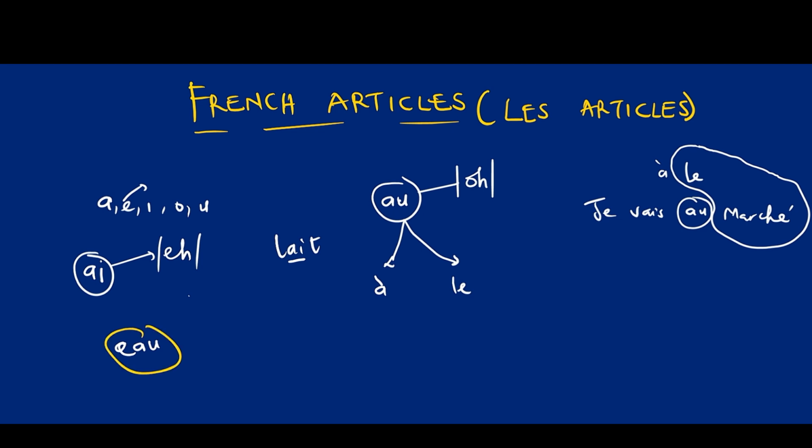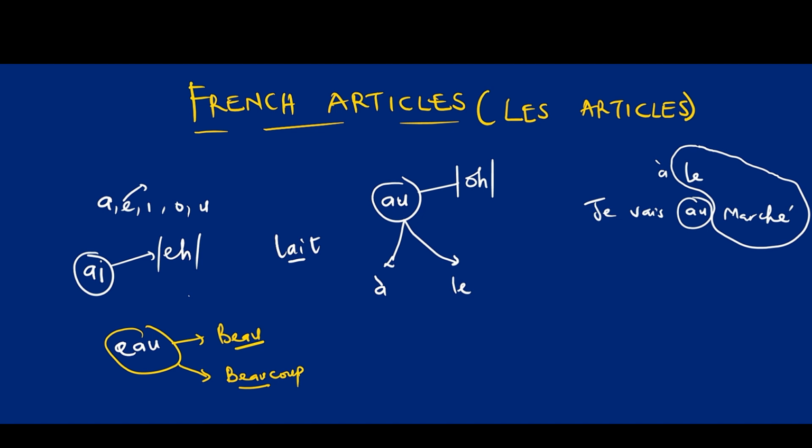E A U is pronounced "o", something like the word "beau". Beau means beautiful, or something like "beaucoup". Do you get that? Simple. So let's move to the next thing.